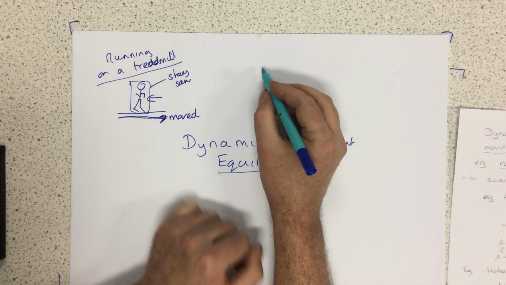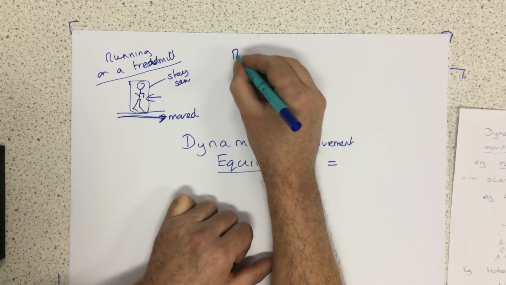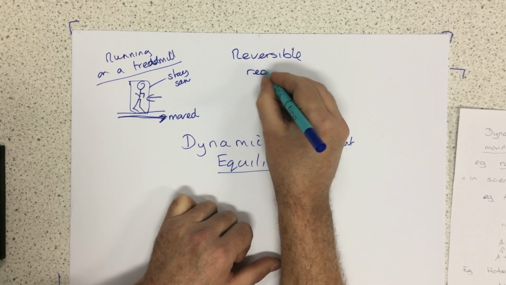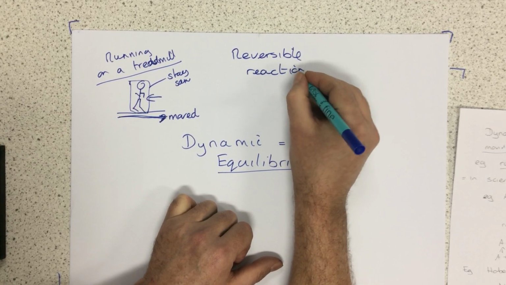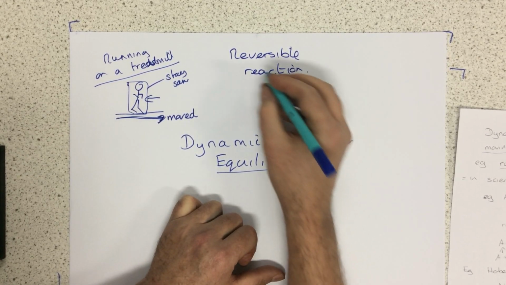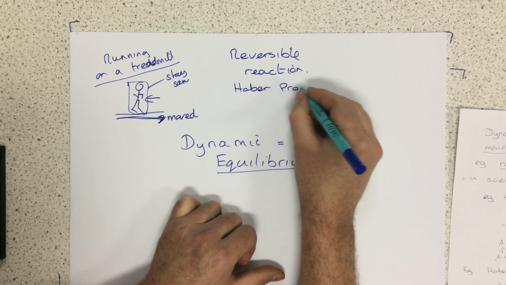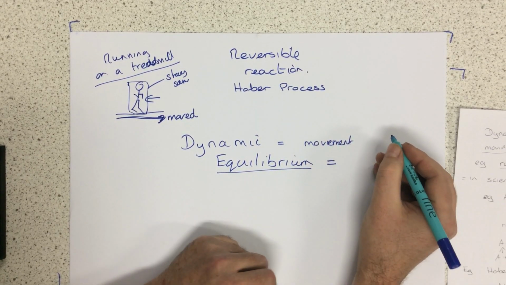Now in science, this most often occurs when we see something called a reversible reaction. The most common one of which is called the Haber process, and it is the method of production of ammonia.